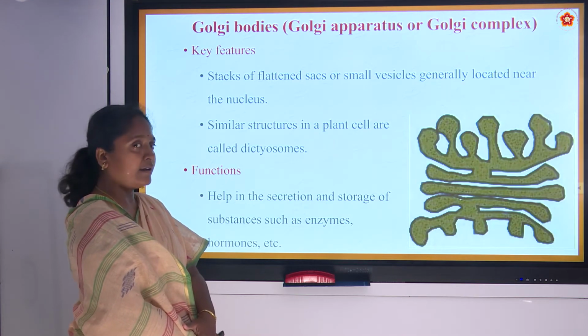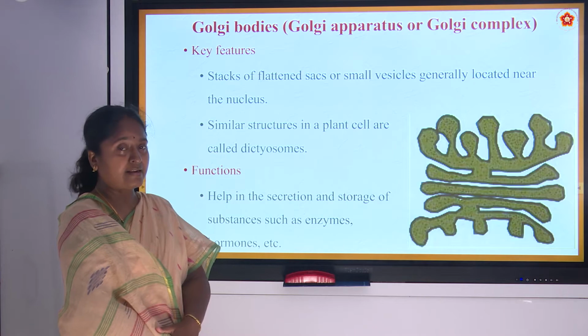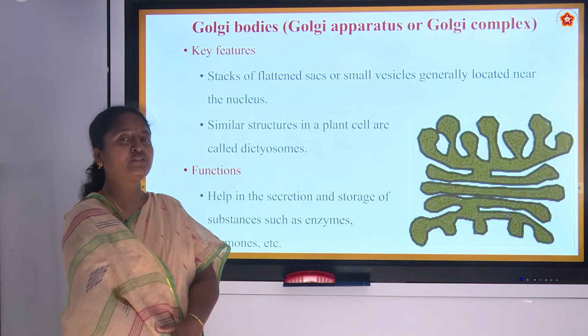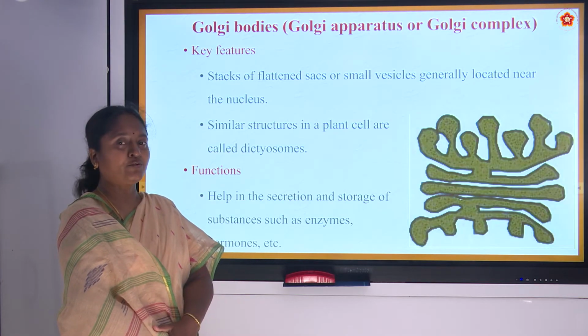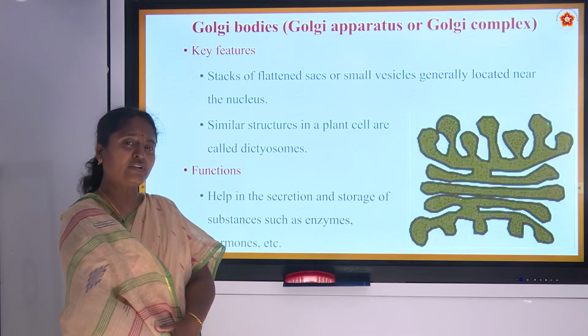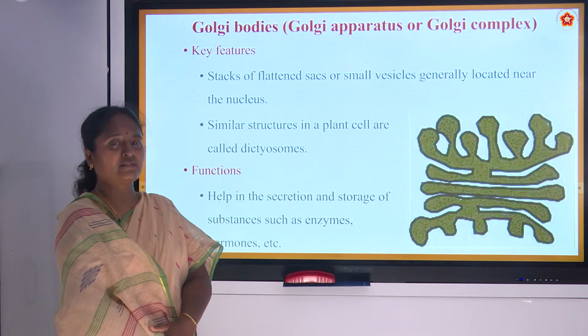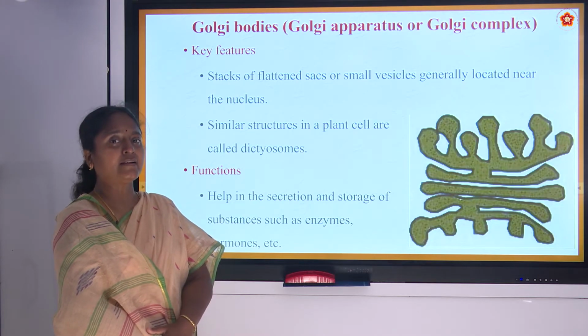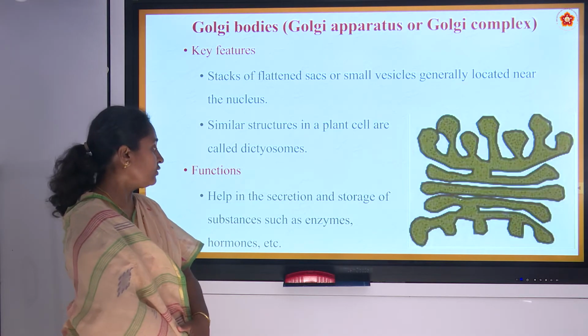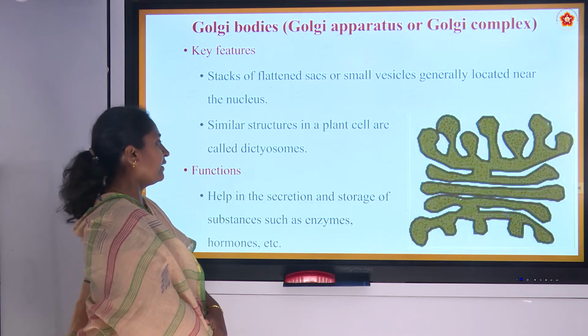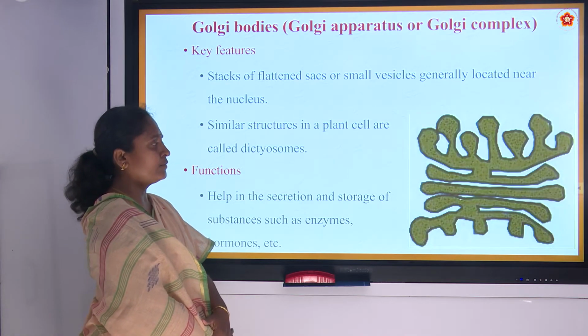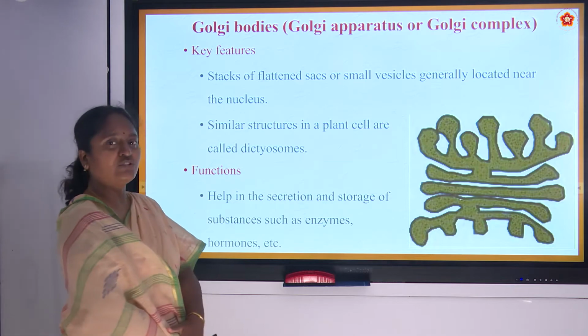So these are synthesized inside the cell, have to go out and do their function outside, right. The pituitary produces certain hormones which have to go to different parts of the body, right. So where it has to go and act, it has to migrate. Those things are secreted out from the cell with the help of the Golgi apparatus.